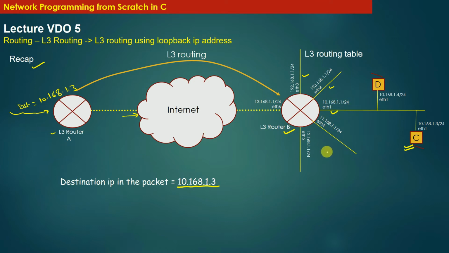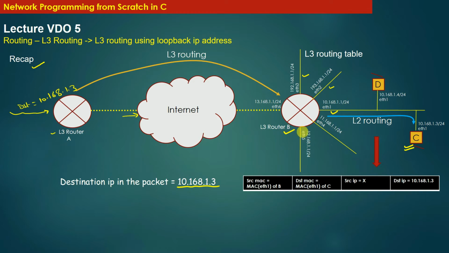From here onwards, router B will use L2 routing to deliver the packet to the destination machine C. When the packet leaves router B, the source MAC address, destination MAC address, source IP and destination IP address in the packet look somewhat like this.